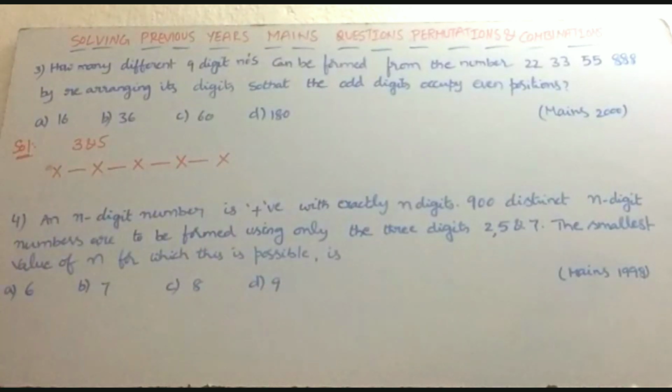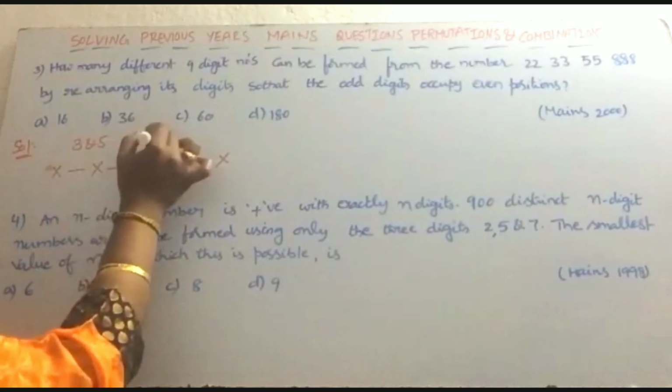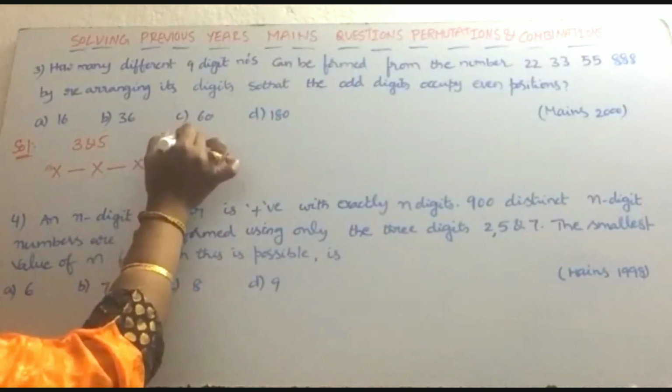In how many ways? Here two 3s and two 5s are there.